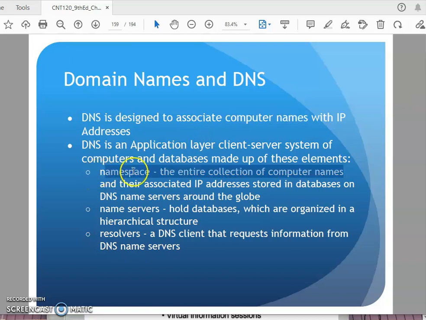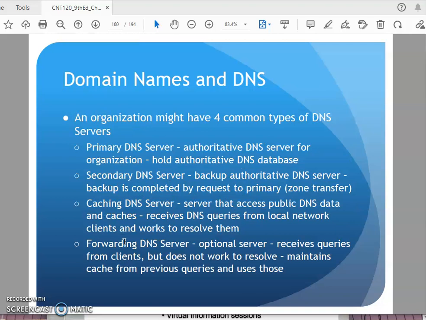We have the namespace, that's the entire collection of computer names and their associated IP addresses. Name servers are literally the DNS servers that are holding the database. And the resolvers are basically my client computer trying to get information from the DNS server, that client piece of my browser that's kicking in to get me the IP address of the server I'm trying to communicate with.